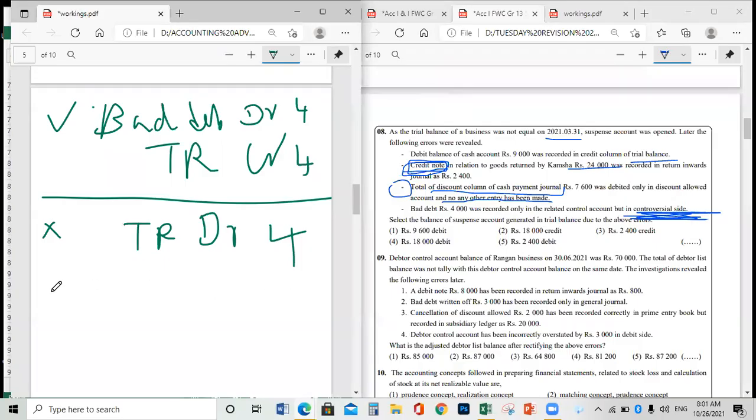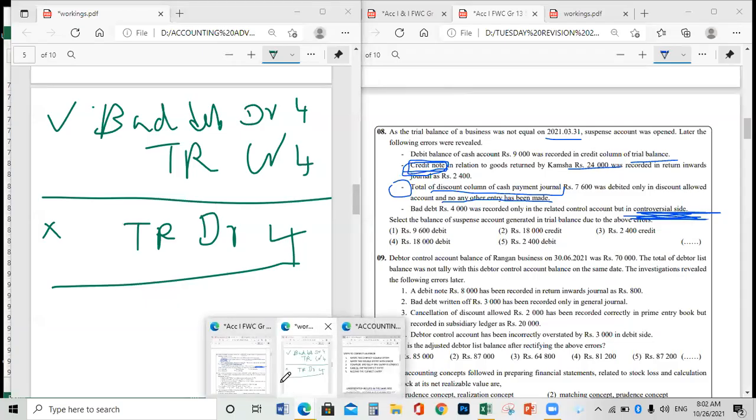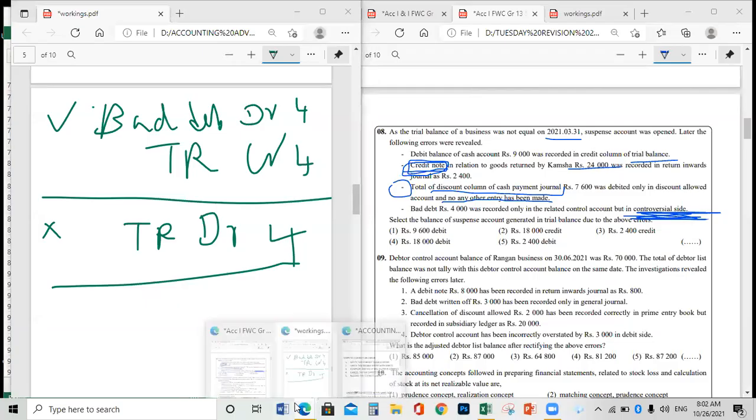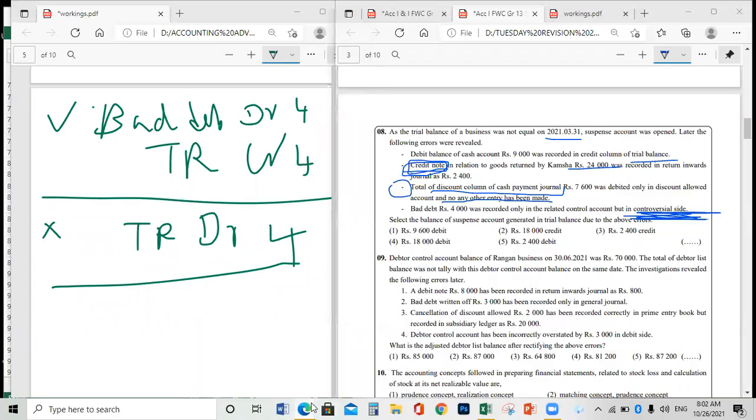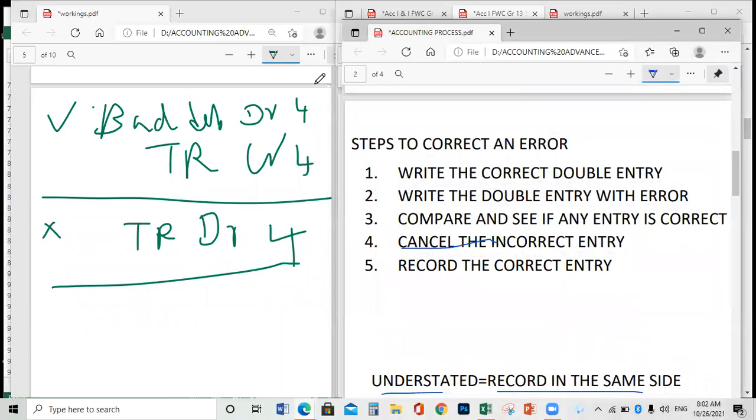Now, you have to compare. Let's follow these steps for you all to understand better. Write the correct double entry: bad debt debit, trade receivable credit. Write the double entry with the error: trade receivable has been debited, which is wrong.